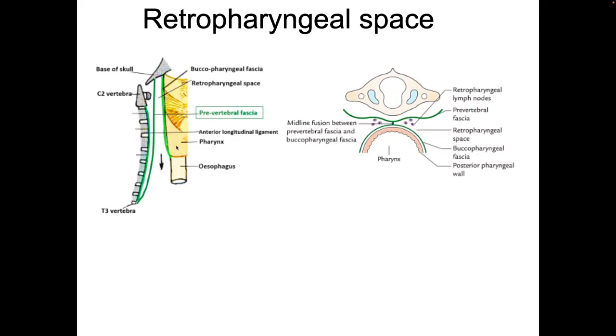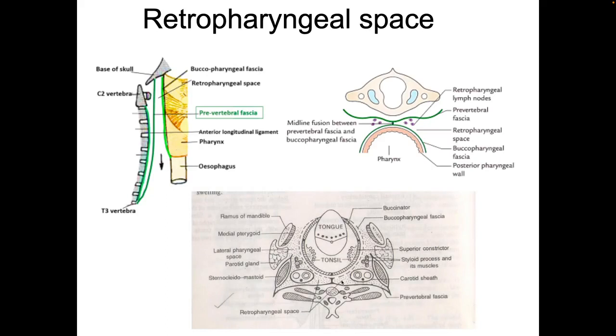This space actually allows the expansion of the pharynx during deglutition. Very easy diagram. You all can try drawing this diagram. Carotid sheath hai, prevertebral fascia. This is the space.